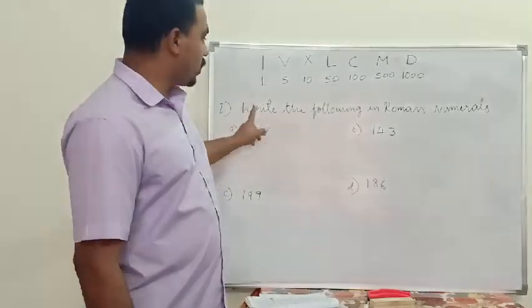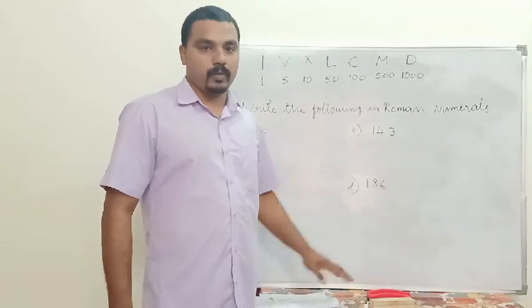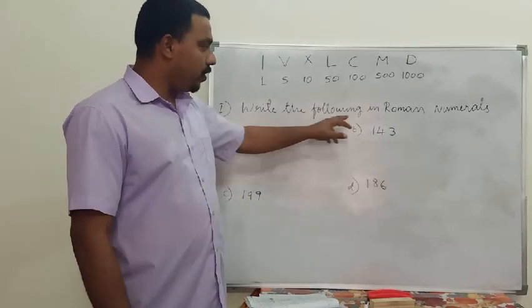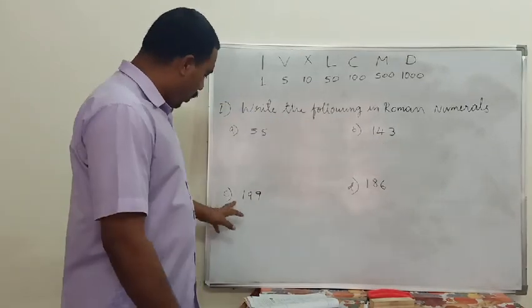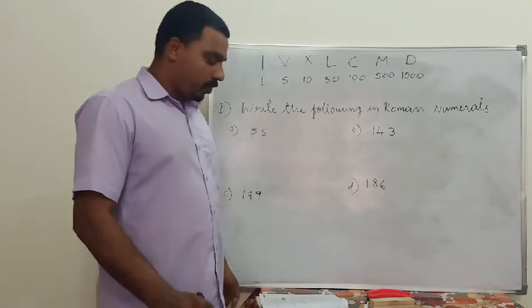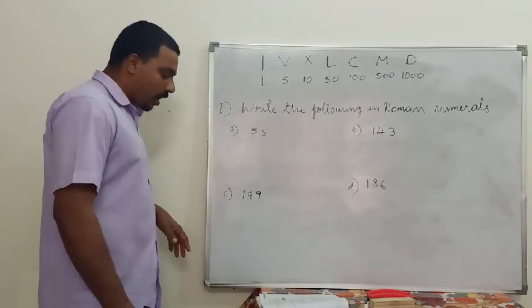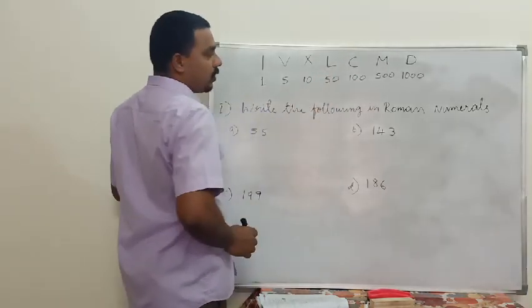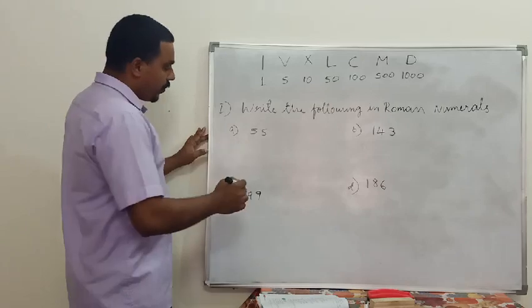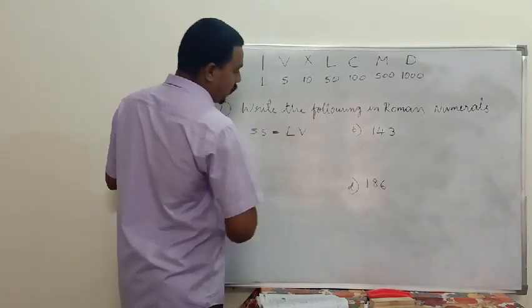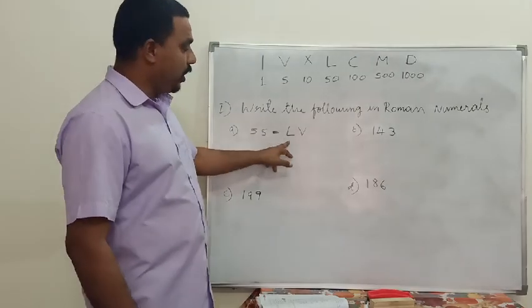The first question is: write the following in Roman numerals. Here 4 questions are there: 55, 143, 199 and 186. So the first question, how to write 55. You can see this is 50. So we can write 55 in this way: 50 plus 5.